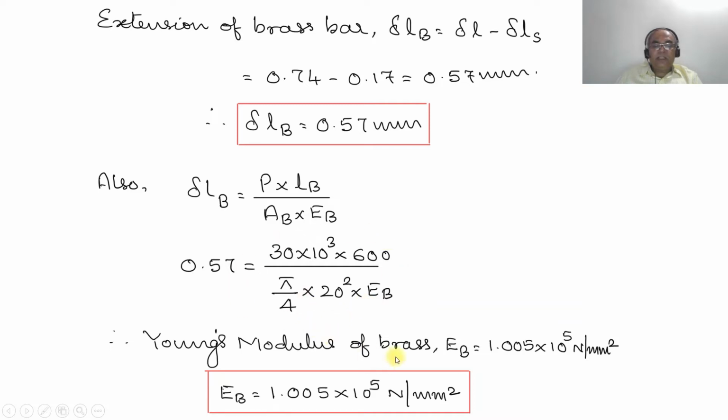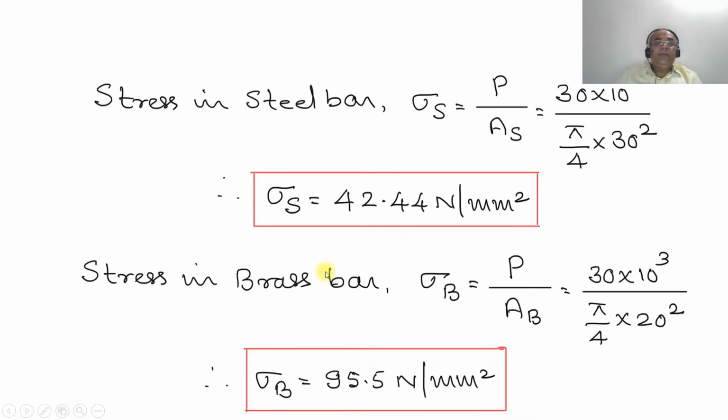On simplification, EB will be equal to 1.005 into 10 to the power of 5 Newton per mm square. So this is how you find the solution for this particular problem.